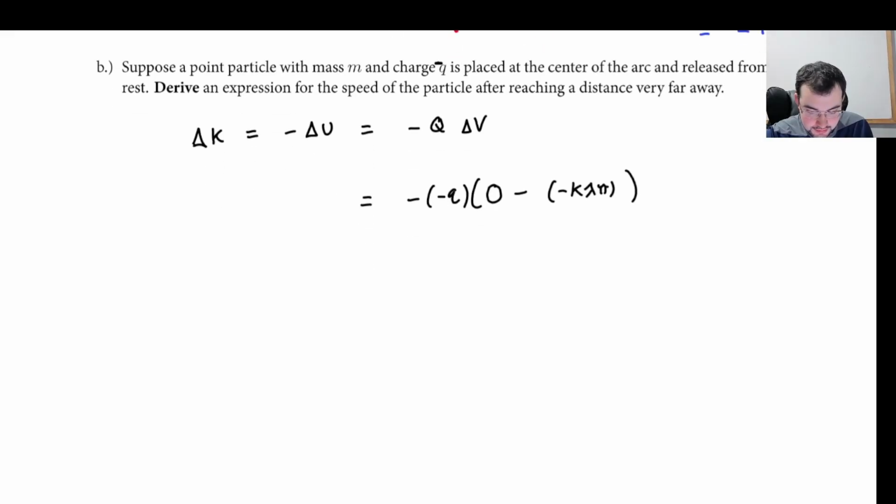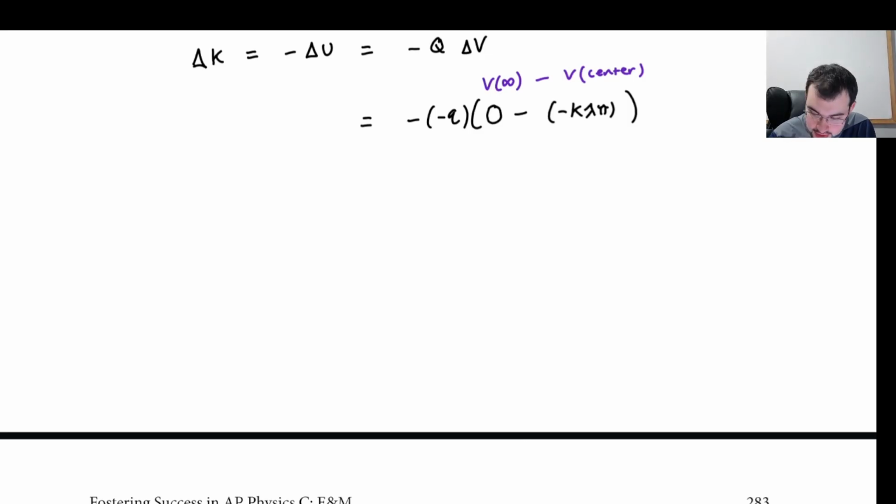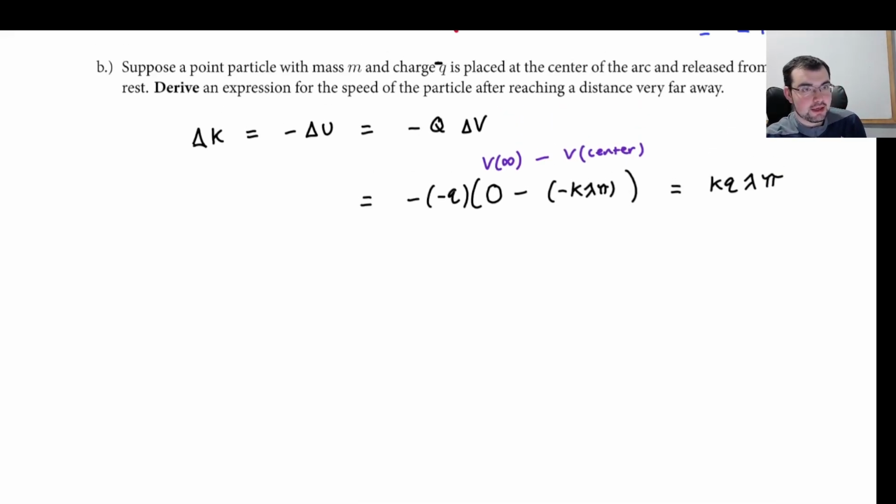So our delta V, because this is V of infinity, and this is V at the center, is just going to be k q lambda pi. Notice it's positive, showing that we are speeding up.